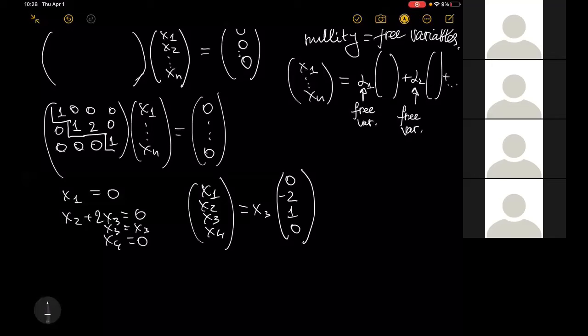So if, for example, I would have not x4 here, but let's say x5, and I would have something like that, what would it mean?